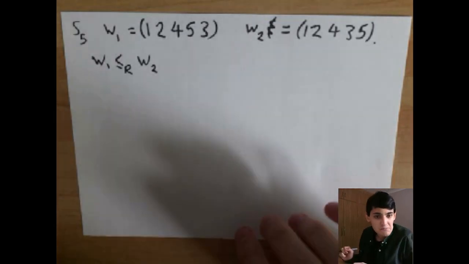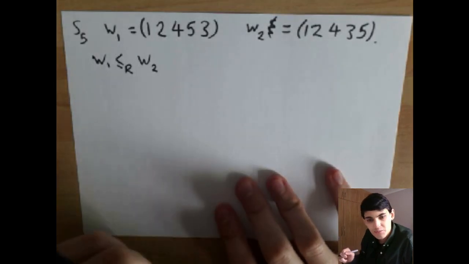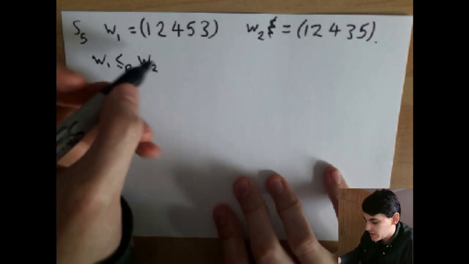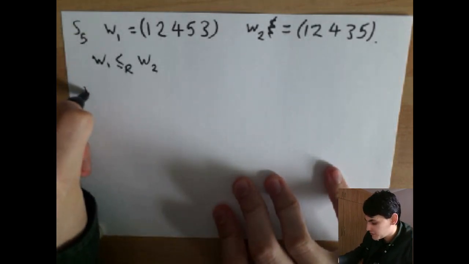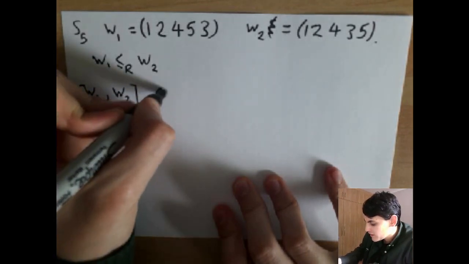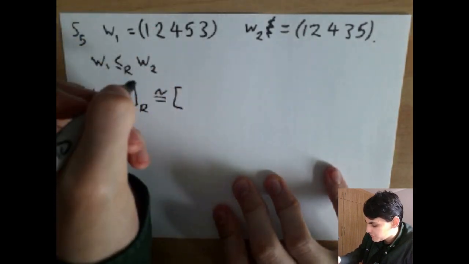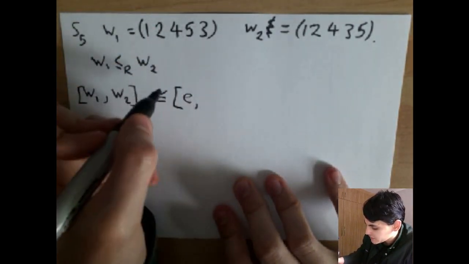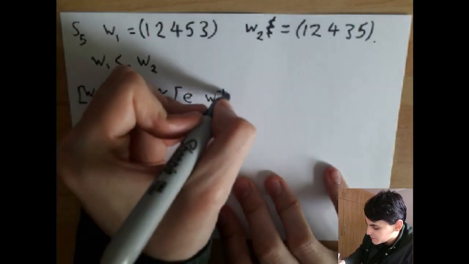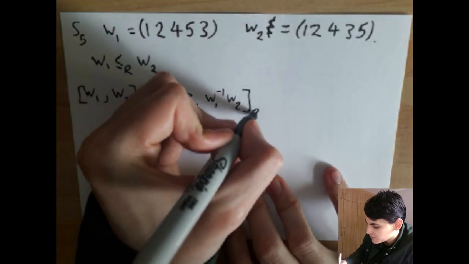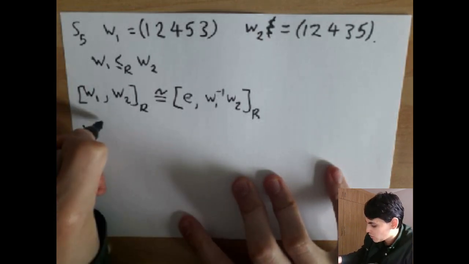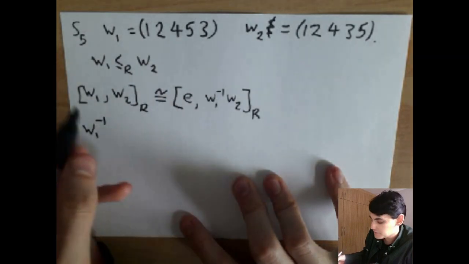And so the proposition that we discussed just now tells us that the interval from W1 to W2 is isomorphic to the interval where you start at the identity and go from W1 inverse up to W1 inverse W2.